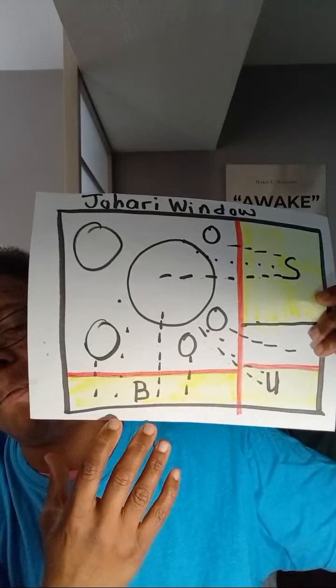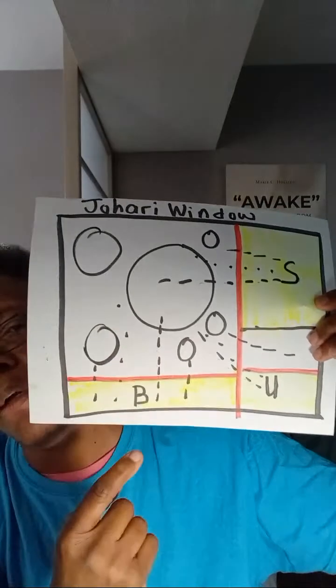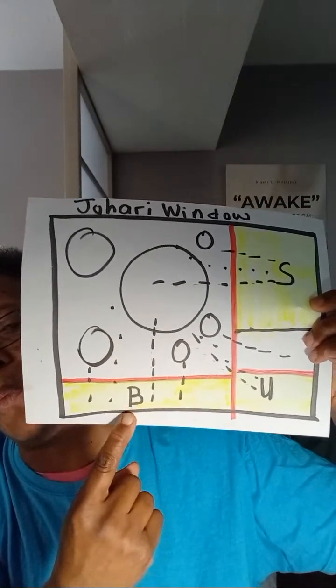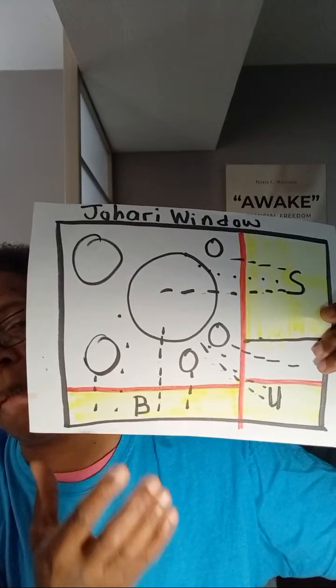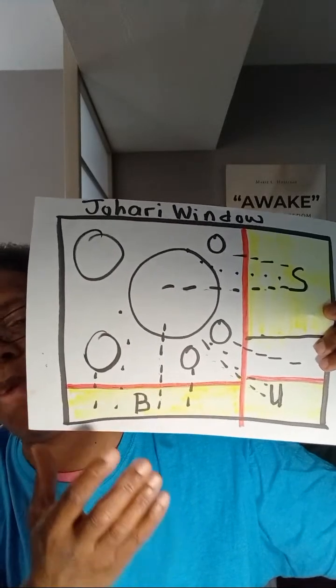They're going to be able to self-disclose information from the blind area of the Johari Window. Remember, that blind area is information that a person may want to tell you, how they really feel.